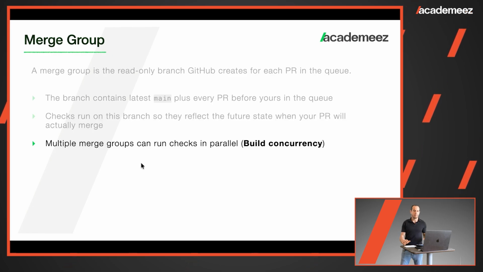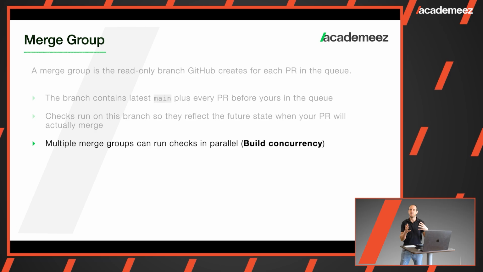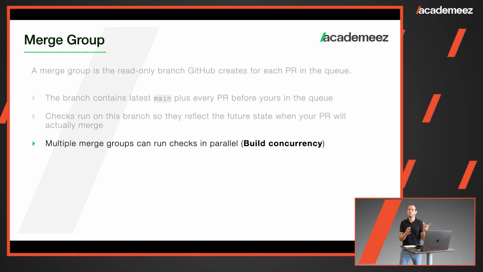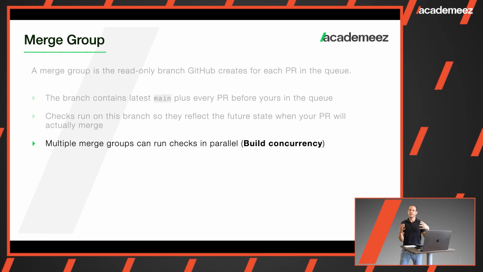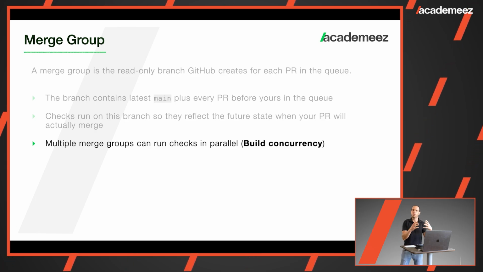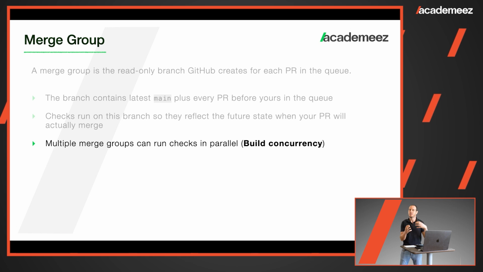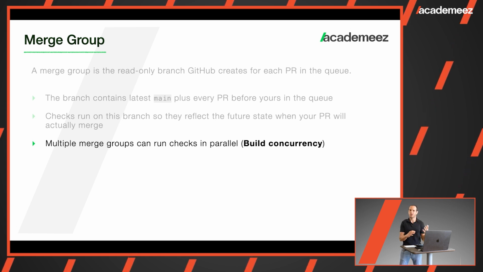And also the beautiful thing about it is that I don't have to wait for the PRs ahead of me to be merged to main, right? Because this branch is constructed not necessarily before all those PRs are merged to main. So this special branch is constructed while the other PRs are also running their checks.